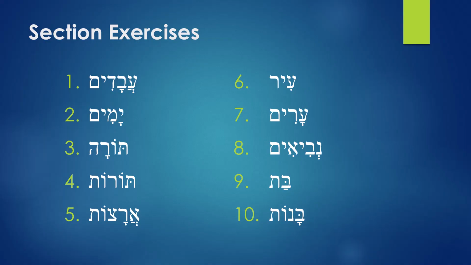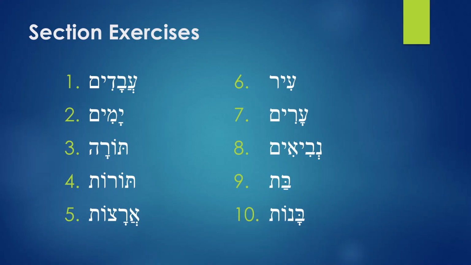Arim means cities. So again, this is irregular. If you remember on the irregulars, we looked at this one. Instead of taking the feminine plural ending, ot, it's going to take the masculine plural ending, im, even though it's feminine. So the word arim means cities, and this word is feminine plural. It's an irregular form.